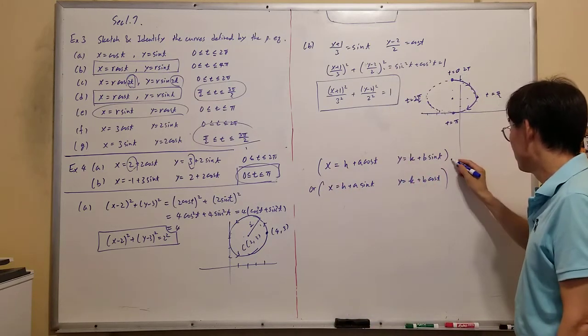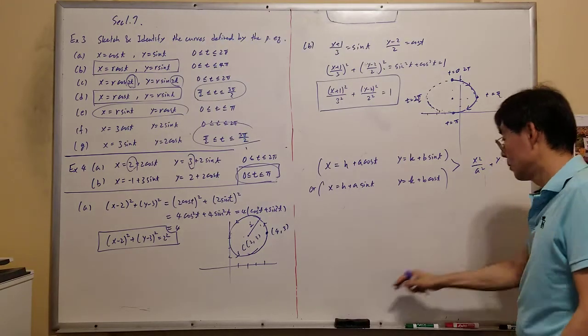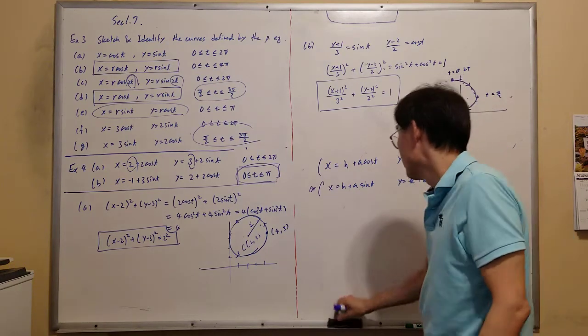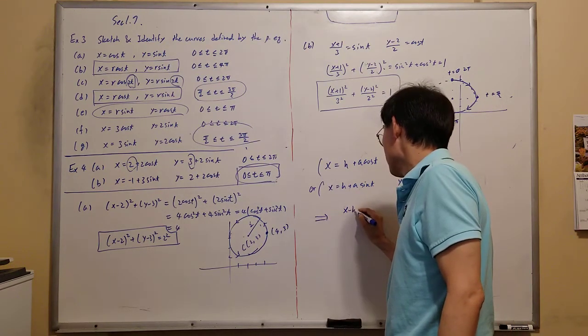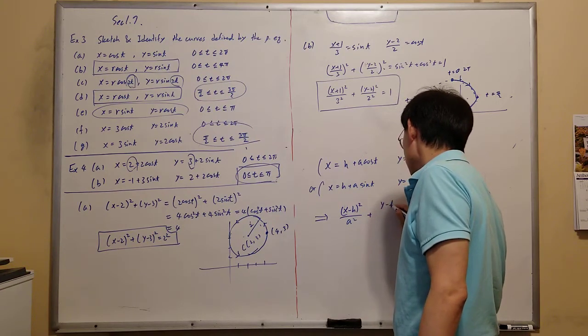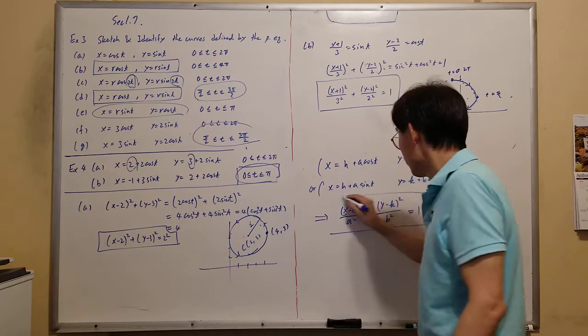One of those. Both of them give you the same shape: x minus h squared over a squared plus y minus k squared over b squared equals 1. It's an ellipse, okay?